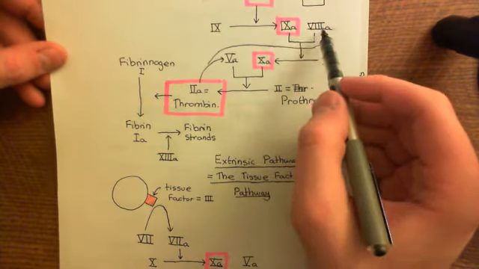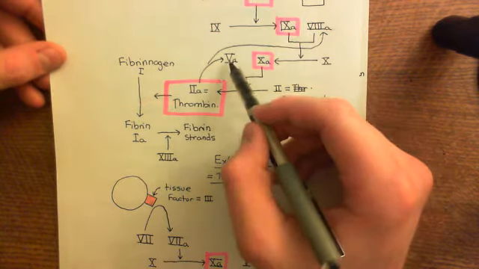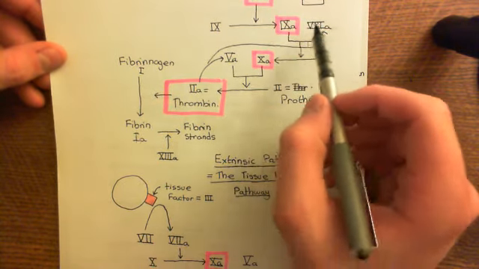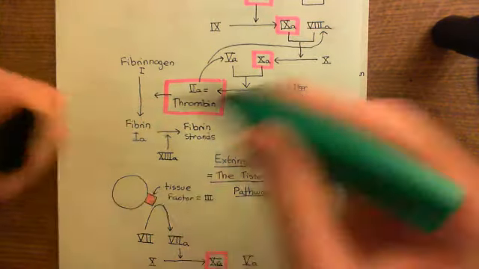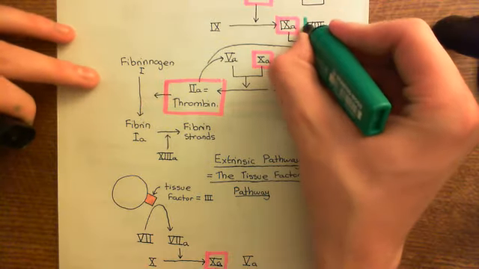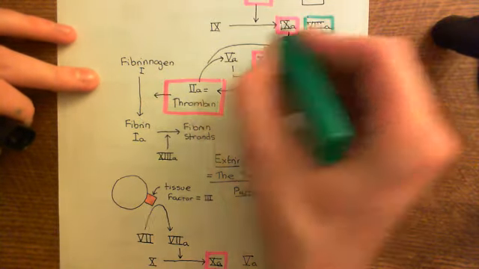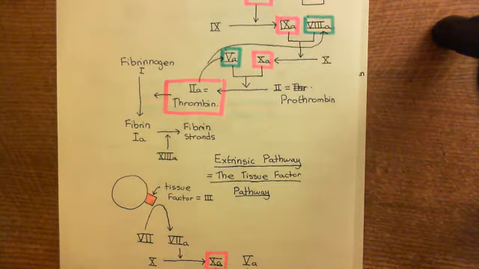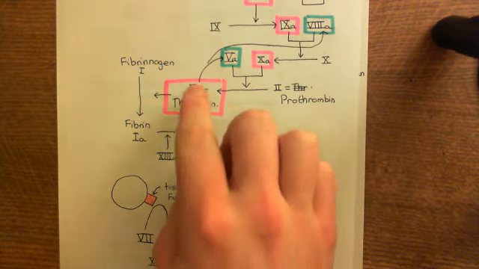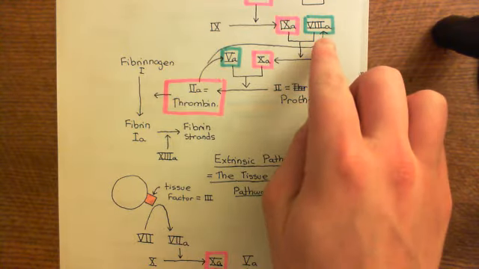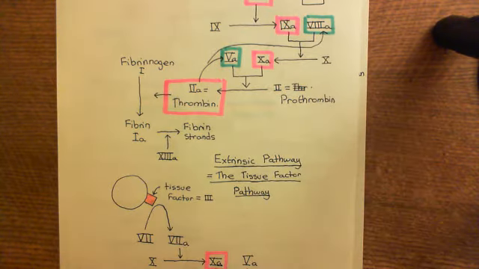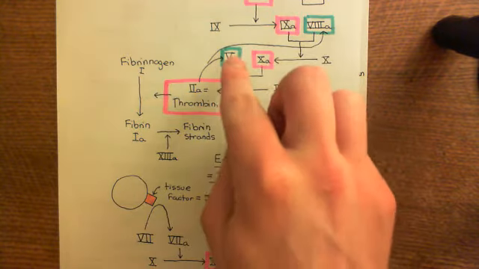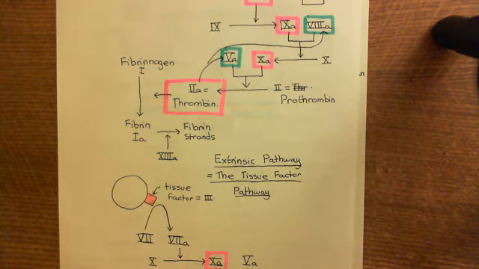So 8A was the cofactor for 9A and 5A was the cofactor for 10A. So these are the two targets for the protein C, protein S complex, 8A and 5A, and if you completely remove them, then you're going to stop the coagulation process. So usually thrombin would have an effect of increasing the levels of these, but when it binds to thrombomodulin, its overall effect is going to be to decrease 5A and 8A.